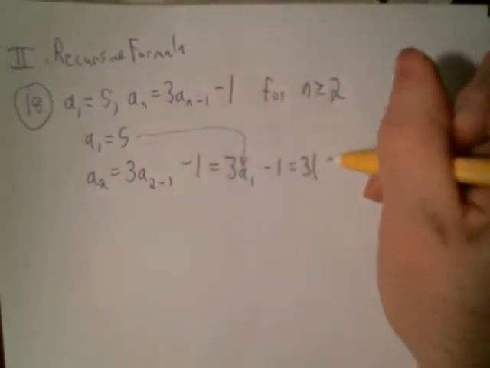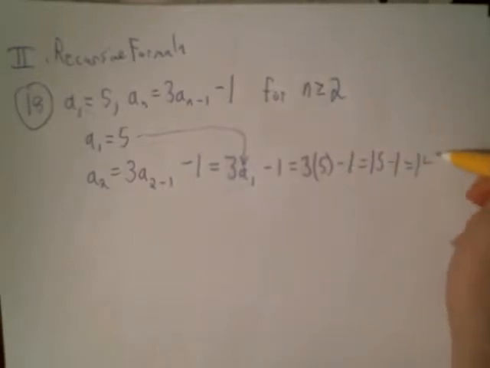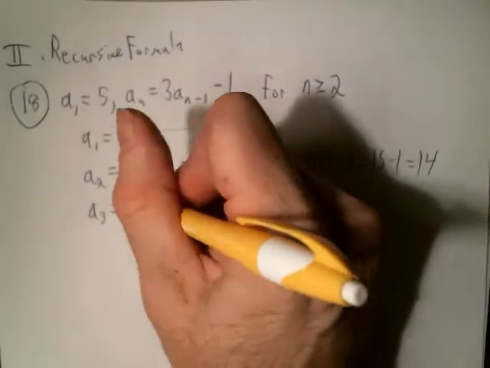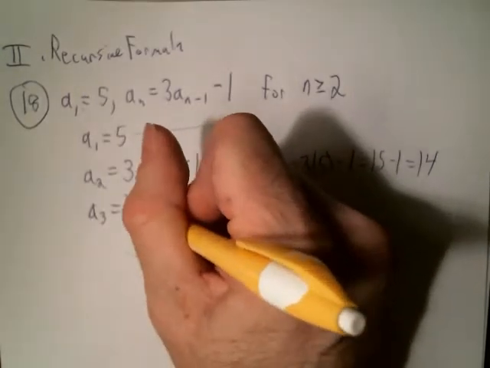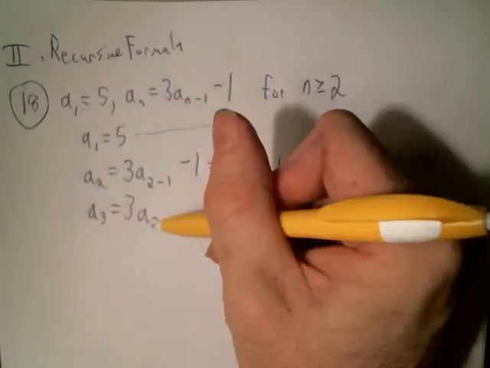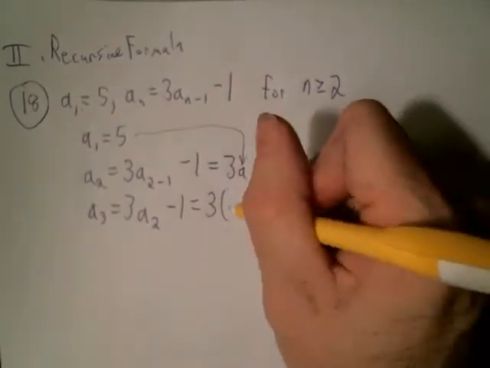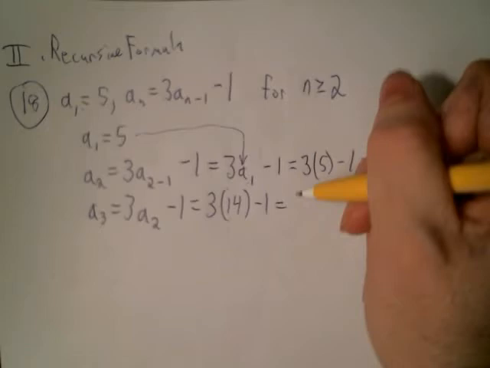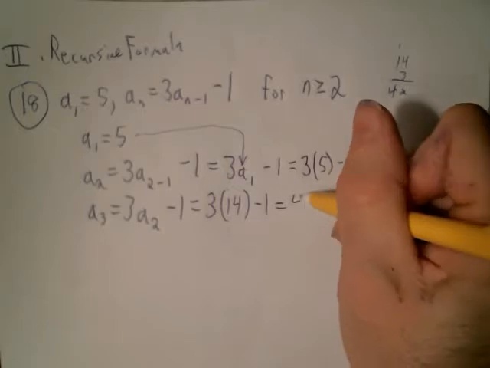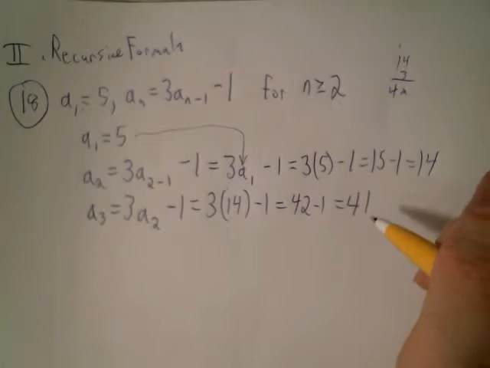And now you have 3 times 5 minus 1 equals 15 minus 1, which is 14, of course. So a sub 3, you'll have 3 times a sub 3 minus 1, in other words, 3 times a sub 2. So you're just taking the previous a value, minus 1, equals 3 times a sub 2, which is 14, minus 1. So 14 times 3, I'll carry the 1, it's 42 minus 1, which is, of course, 41, and so on.